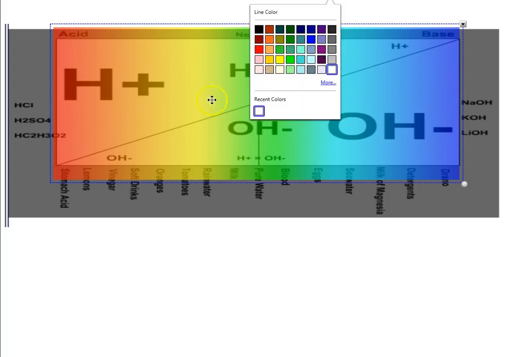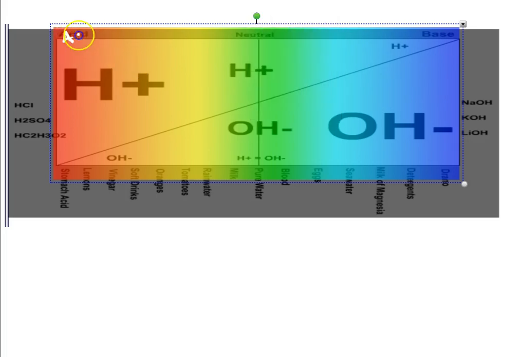Let's see here. So right here it says acid. It says neutral, which is easy to read, but then base. This picture is really good at just visually showing you the definition of acids and bases as far as H plus and OH minus are concerned. And it's good, this rainbow, which if you want to color, you can.